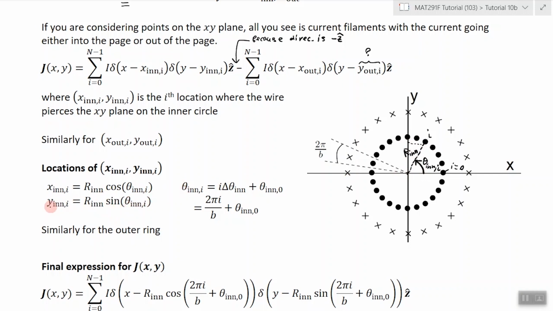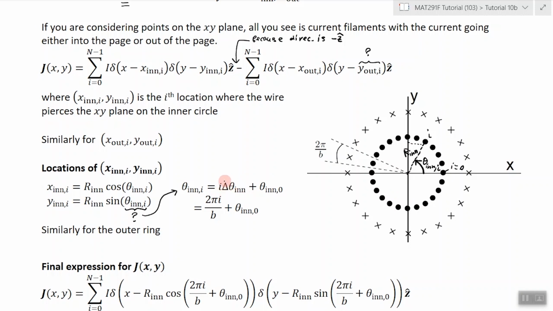Now we are almost done, but we don't know what these angles are. We know that the angular distance between these filaments is the same, and we know what it is. So here, I wrote exactly that.